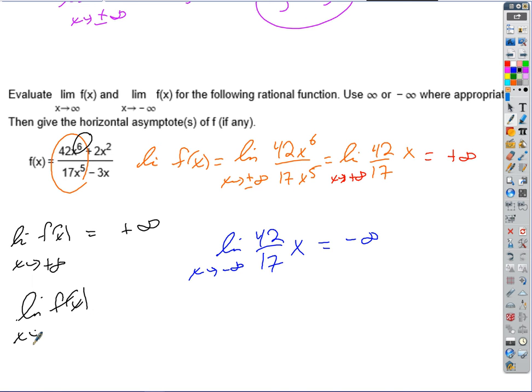The limit of f of x as x approaches negative infinity, we know we're getting infinity because the top, once again, is bigger. But if I'm plugging a negative value in for x, I'm getting positive over negative, agreed? Which is negative. So you could do all the analysis there without really having to simplify anything. Okay, questions?